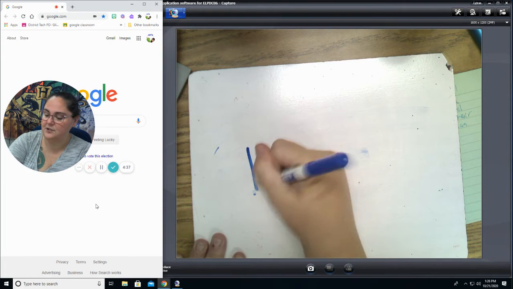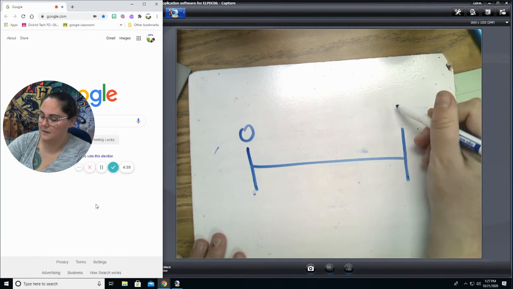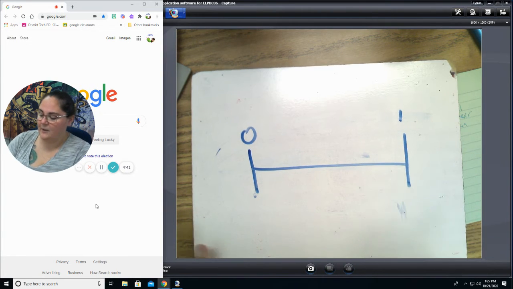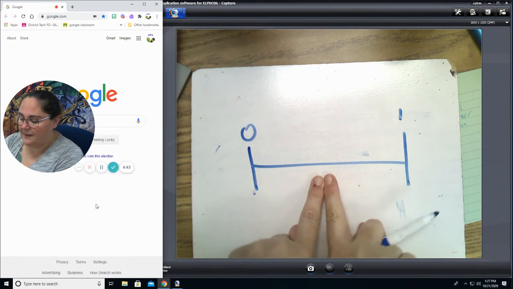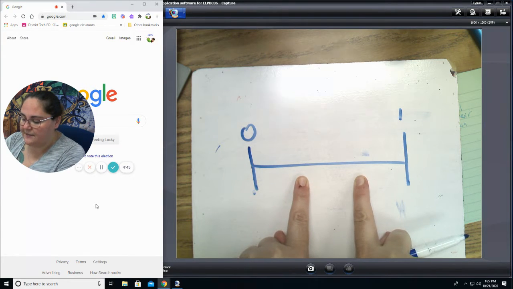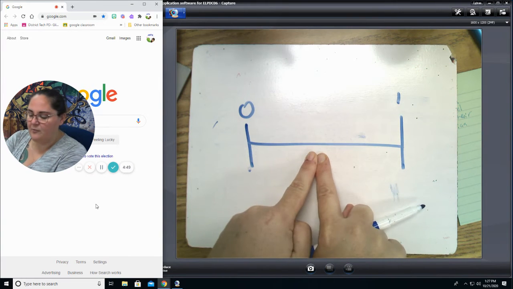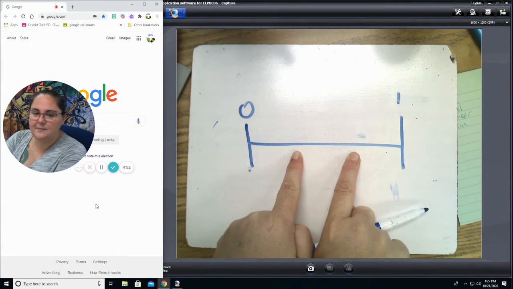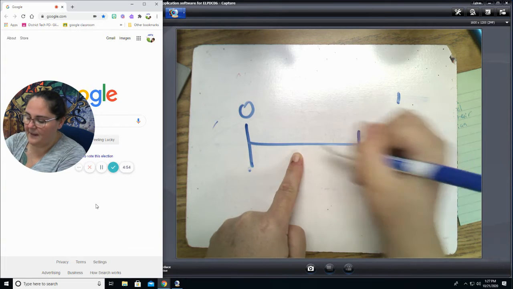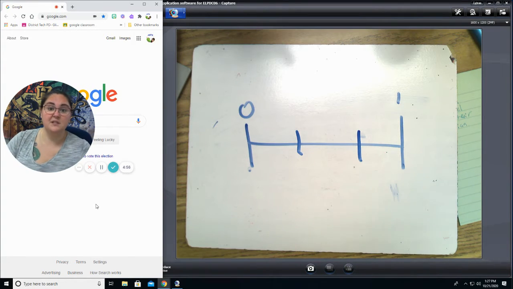For thirds, your little trick, what I do is I think, okay, this is about half, and then I move my fingers out until it looks like it's even. I'll do that again. Here's my middle, and then I move them both ways until all the pieces look about the same size. And then I put my lines there. Close to the same size. Does it have to be perfect? No, but it does need to be close.